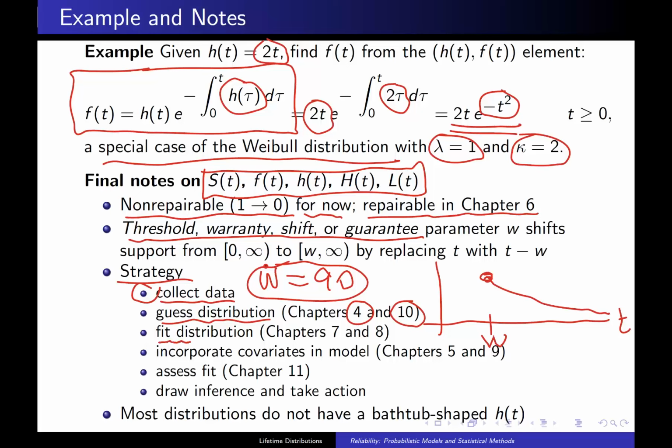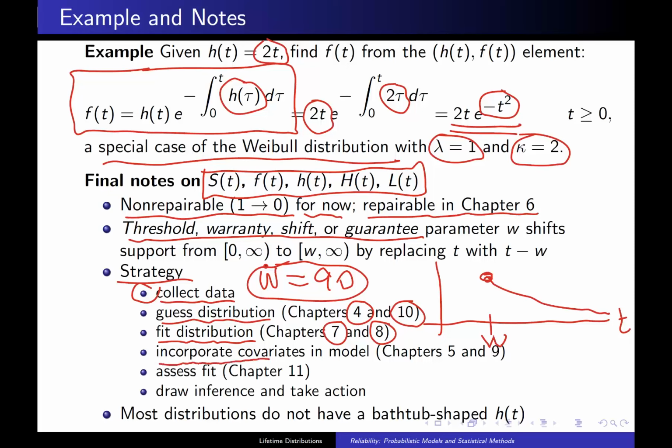Next, after you guess a distribution, you fit that distribution. So in Chapters 7 and 8, we use maximum likelihood to fit the distributions such as the exponential and the Weibull.